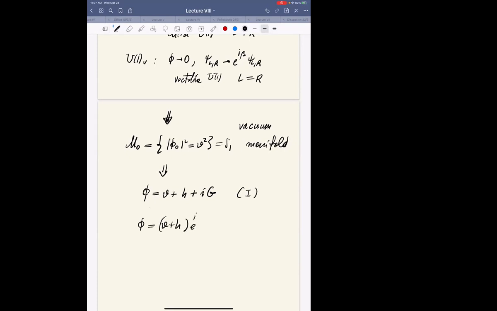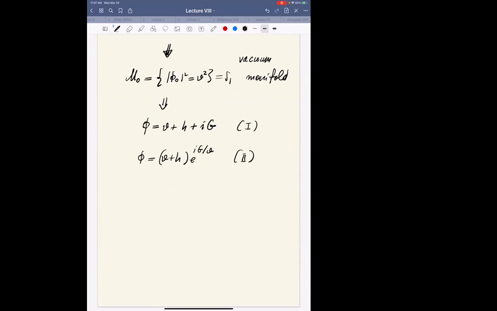Both are very interesting. We'll study both. We found out, no matter how we write this, that m_G is 0, m_h squared is 2λv squared, and the fermion mass m_ψ is Yukawa times v.